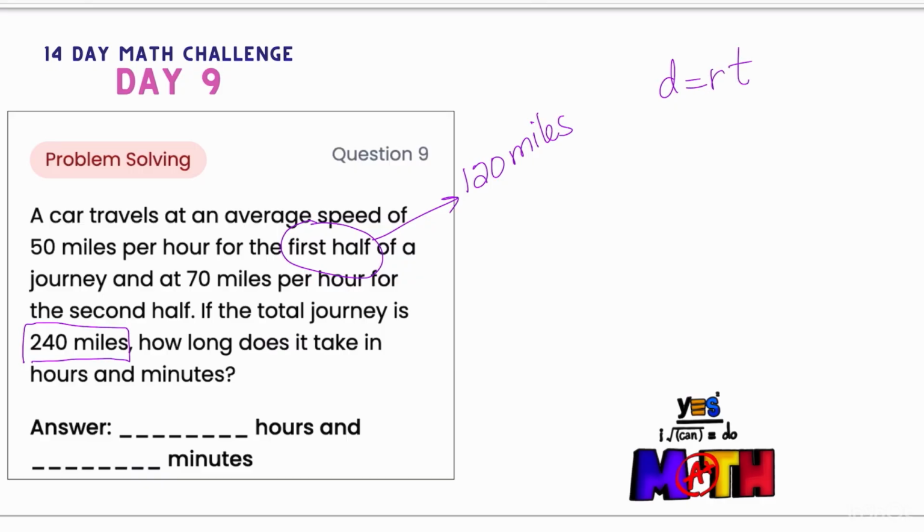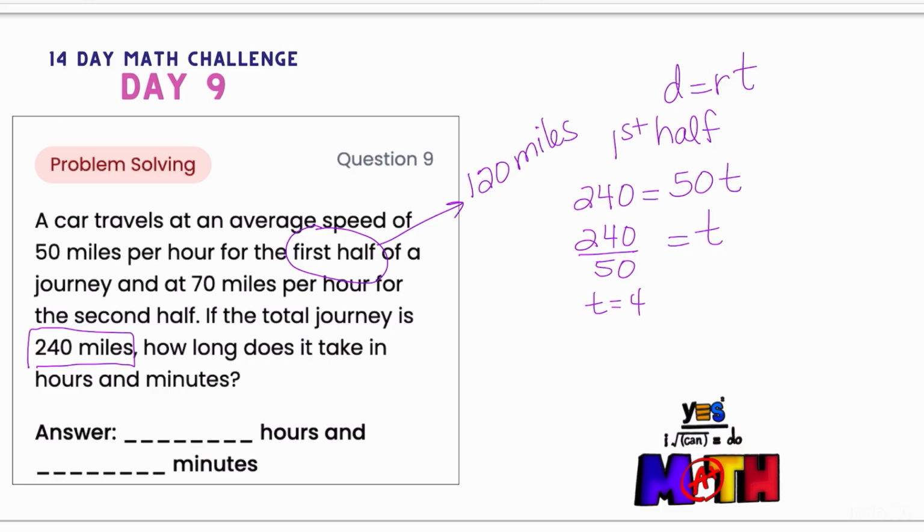So the first half of the journey, the car has traveled 120 miles at a rate of 50 miles per hour. So this is going to tell me how long it has taken to complete this first half of the journey, and that is 120 divided by 50. The answer is 4.8 hours.